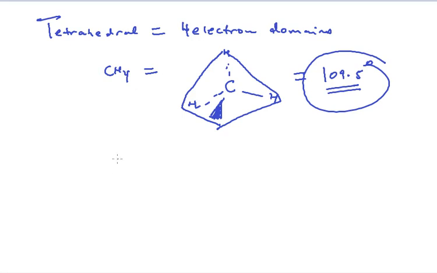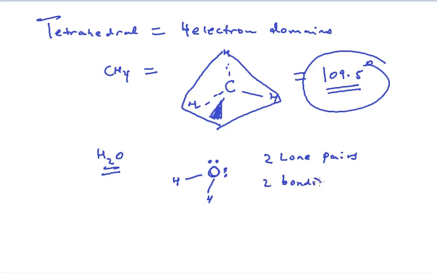I can give you a very good example: water. If you draw the Lewis structure for water, the oxygen will be in the central part with the hydrogens. On the oxygen side you have 2 lone pairs and 2 bonding pairs, so we again have 4 electron domains, but the geometry will be a little bit different.